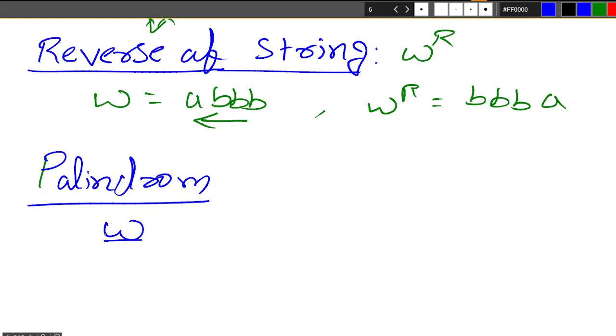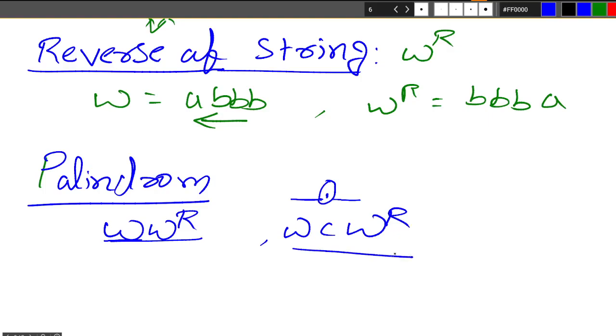You can also say that the string itself is in a fashion where whatever is before the midpoint, after the midpoint it is in reverse order. So I can say it is something like W W reverse, or sometimes you can have something in between. So you can say W, something, and then W reverse. All these things will be palindromes.